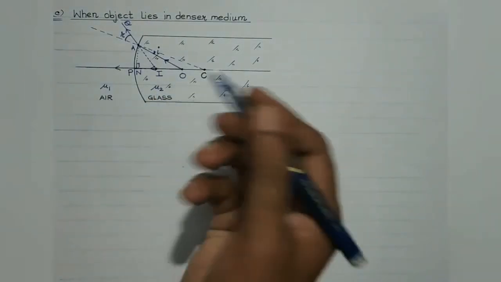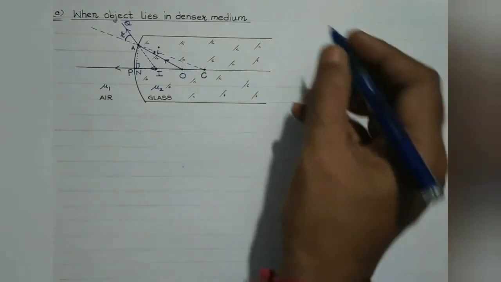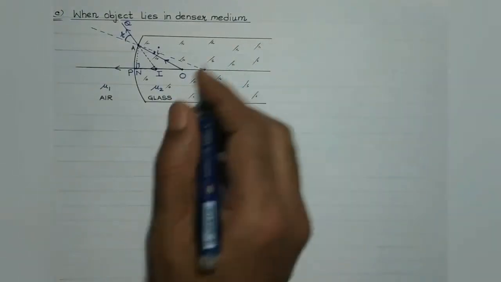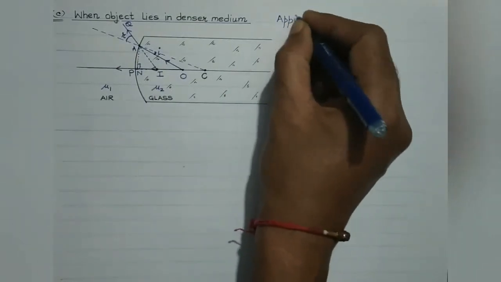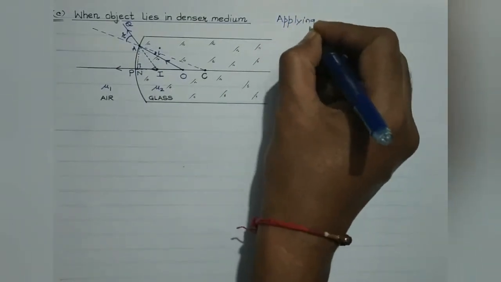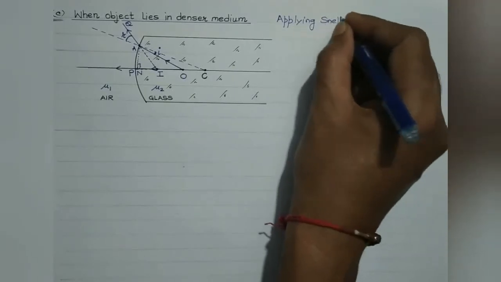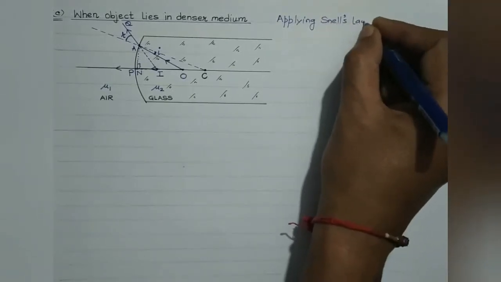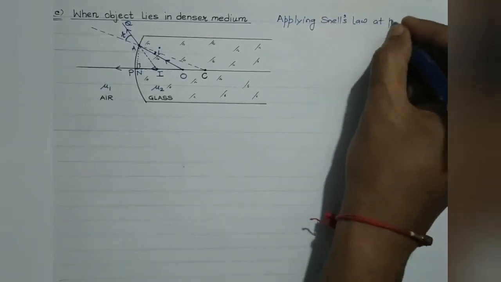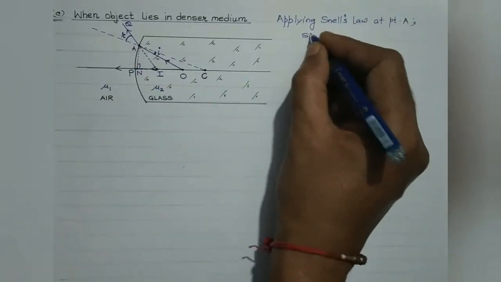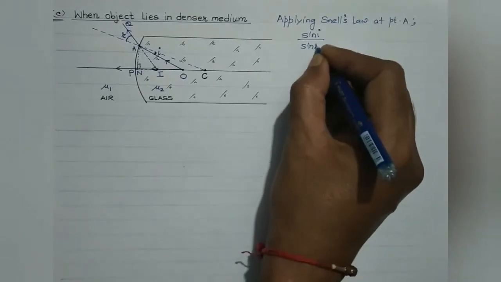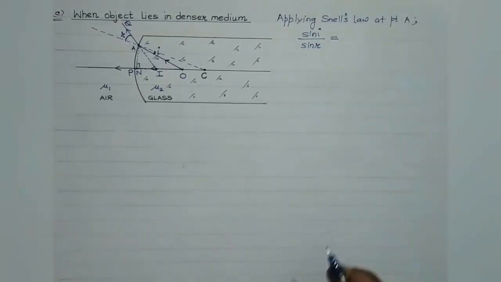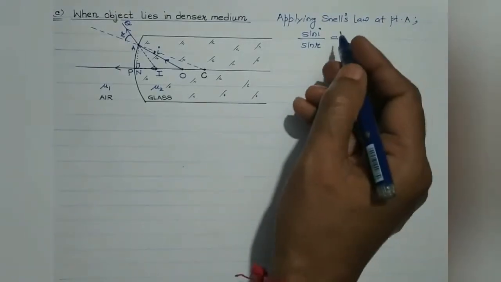So now, as we have done in the previous two articles, let's start with applying Snell's law at point A. So applying Snell's law at point A, we get ratio of the sine of angle of incidence to the sine of angle of refraction is constant, and that constant is the refractive index.